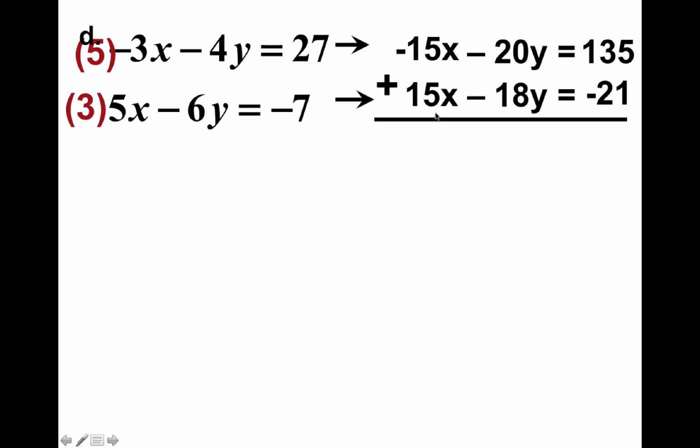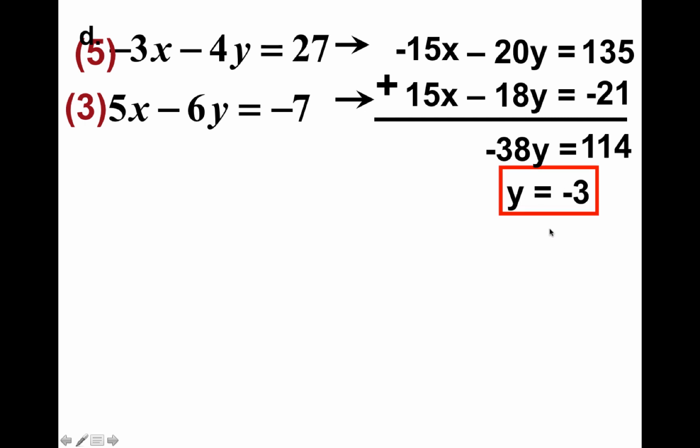Notice how my x's cancel. -20y and -18y makes a -38y equals 114. Divide by -38, you get -3. You can plug this into either equation, which notice they both have variables, but this time the bottom one has less negatives. So we can plug it in here.